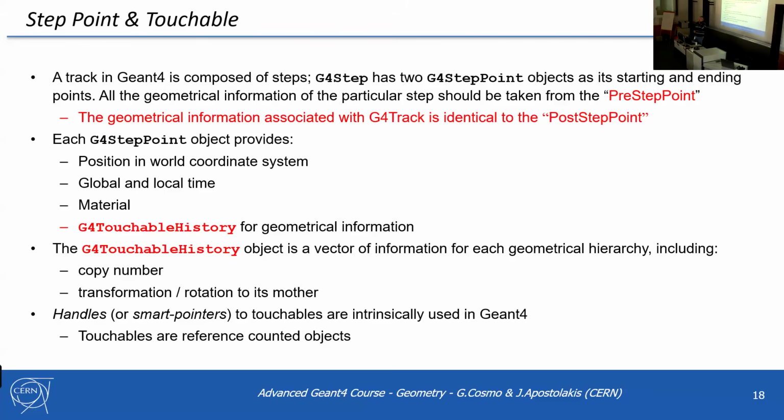You may have many physical volumes in your geometry, but the physical volumes may be replicas of different volumes. You may not know if they are real entities or replicas. And the touchables guarantee you the uniqueness of the physical volume you are in within your geometry. So it is always good that when you want to know where you are, you talk with touchables.